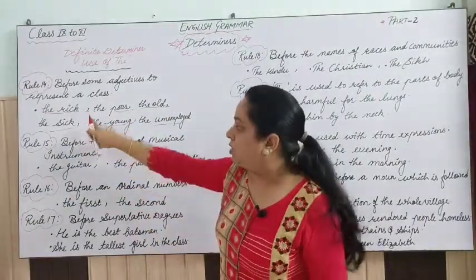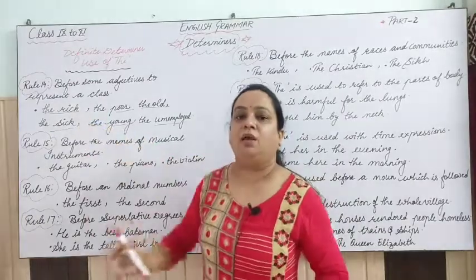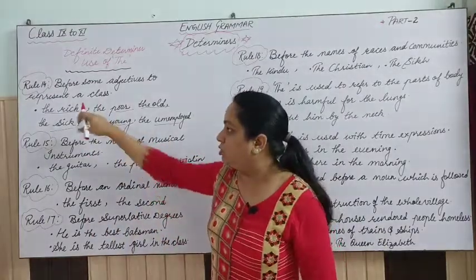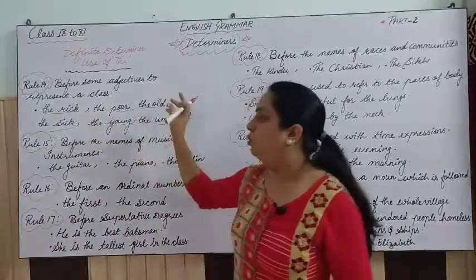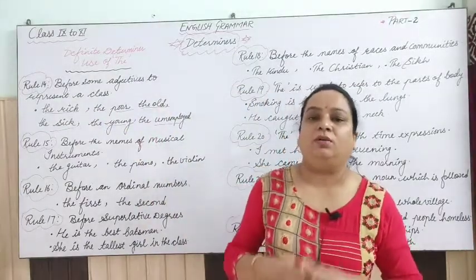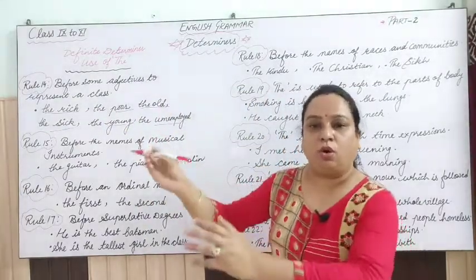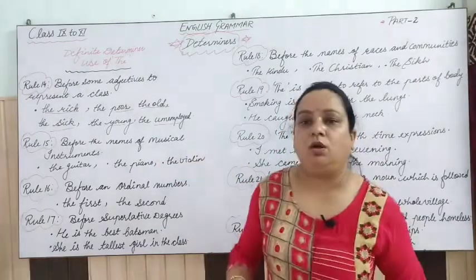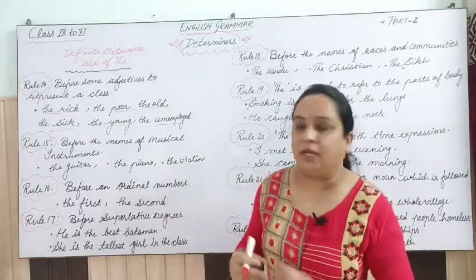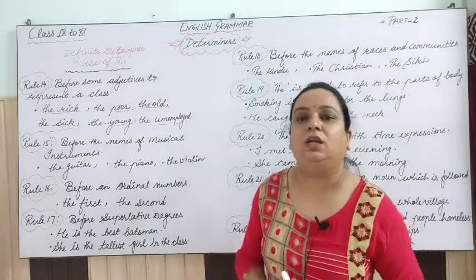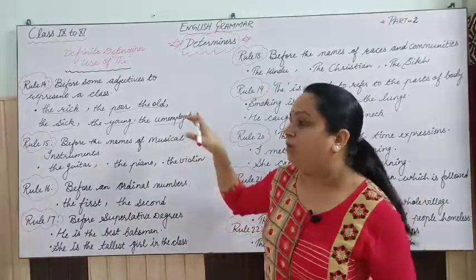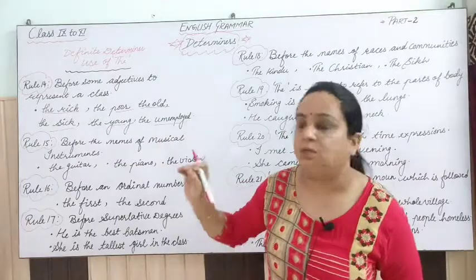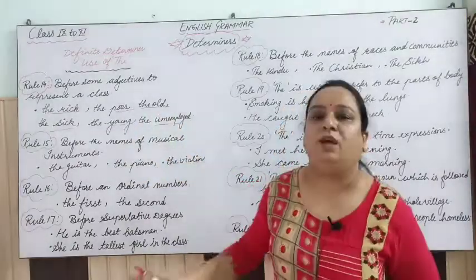Here these words seem singular, but with the use of these words, rich, poor, old, sick, I am talking about the whole class, all the rich people, all poor, all old, all unemployed. Here I am talking about a particular class.